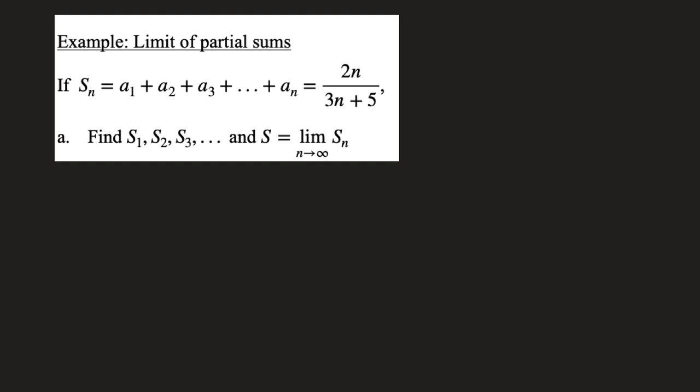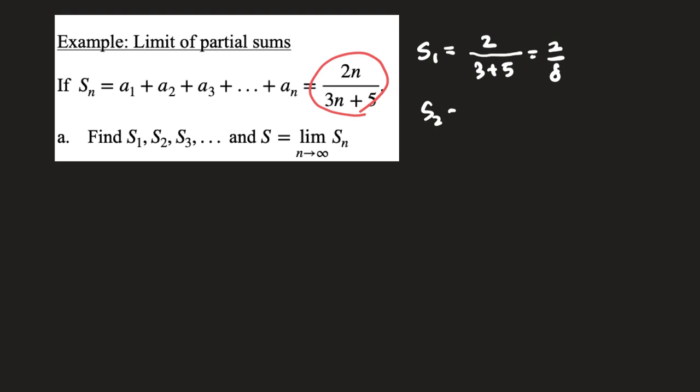That's the good news. So we're going to find S1 first. They give Sn is 2n over 3n plus 5. That's another form of a sequence, right? S1, with n equal 1, is 2 over 3 plus 5, that's 2 over 8.